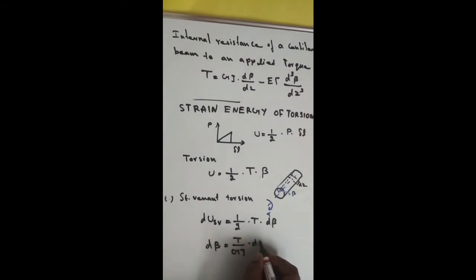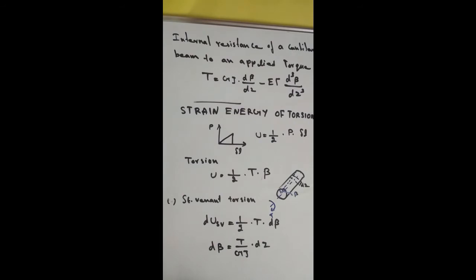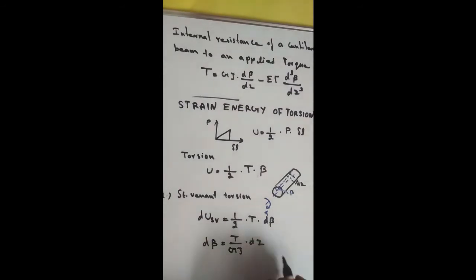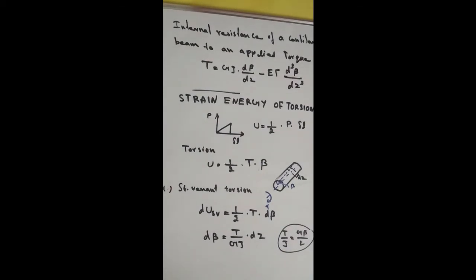d beta is equal to T by GJ into dz. This comes from the torsion equation, T by J is equal to G beta divided by L. Here L is small, that is dz, and beta is small beta, that is d beta.